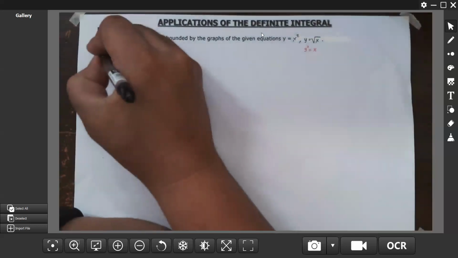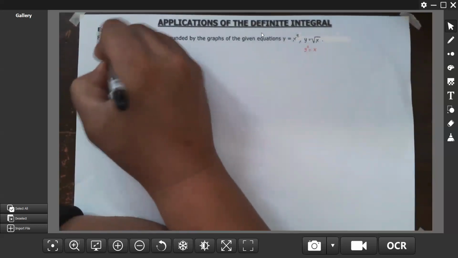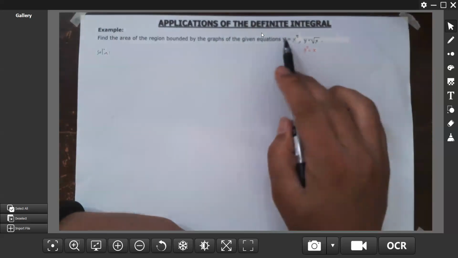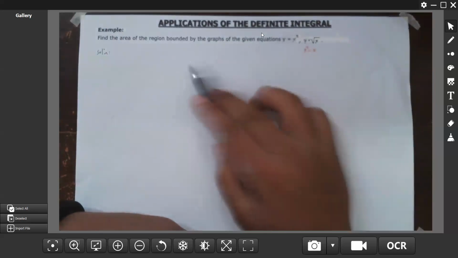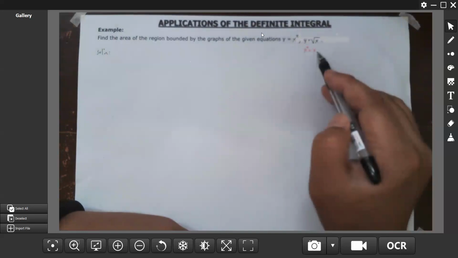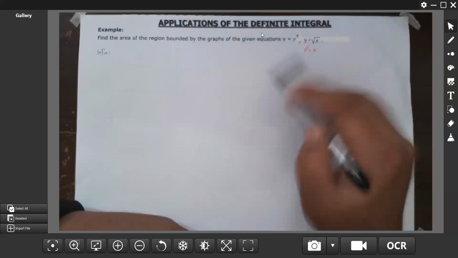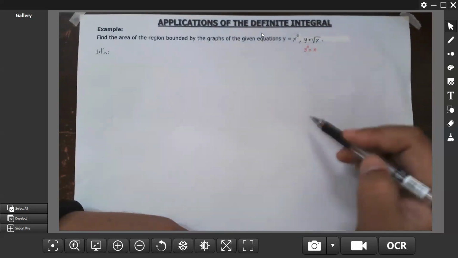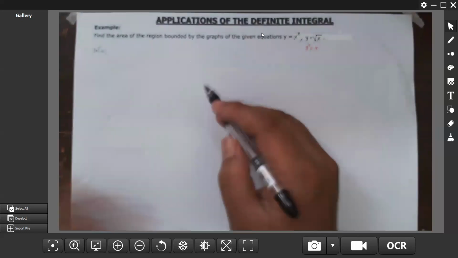So we have a parabola, x squared equals y, opening upward, and this one, y squared equals x, opening to the right. Both are positive.